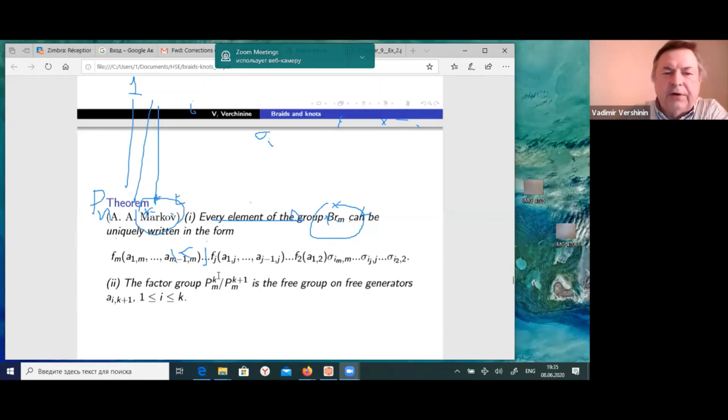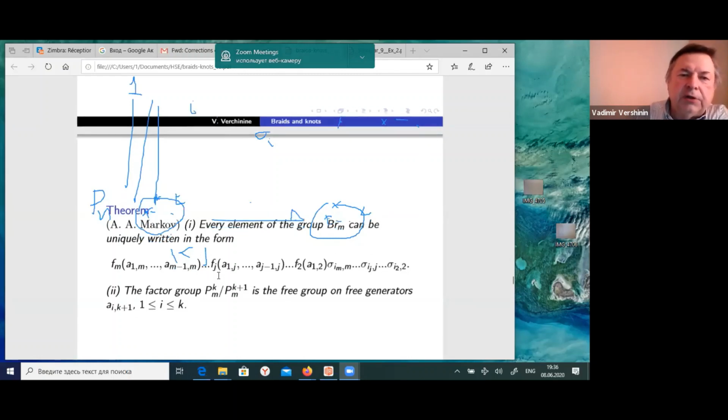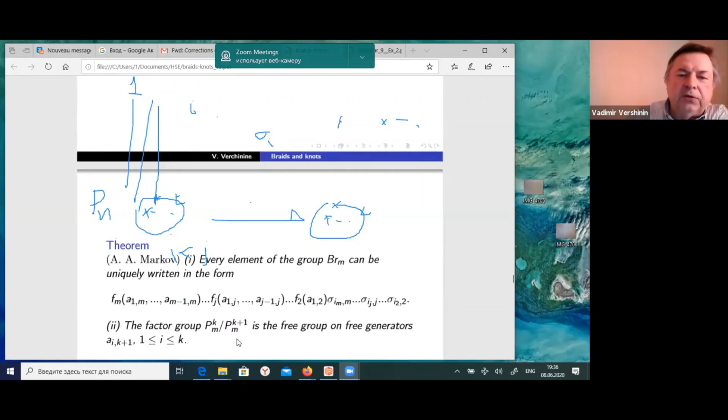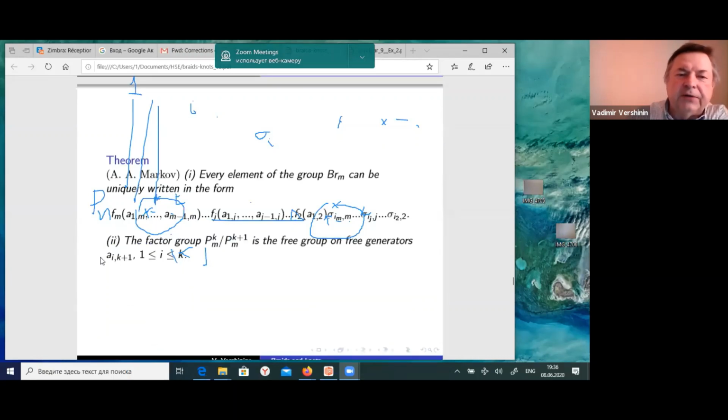So it's very interesting, and actually like a foundation stone for the pure braid group, that it is built by free groups. So you start with one, then you factor by the second, and then you get a free group on these generators.